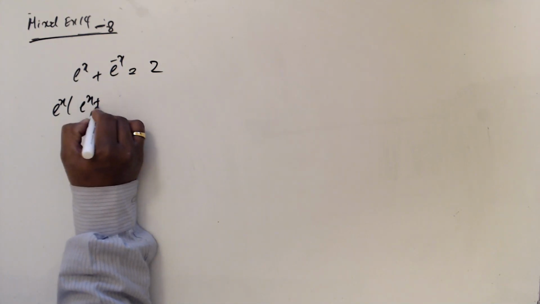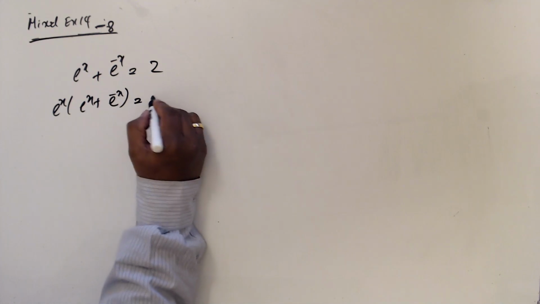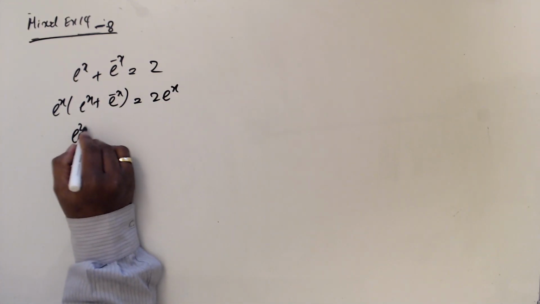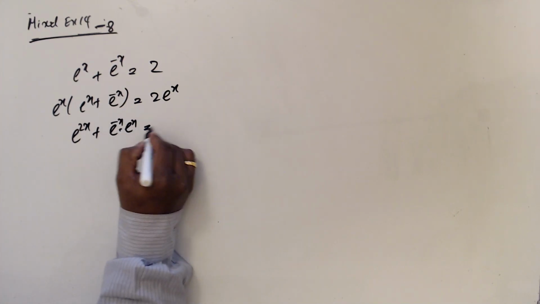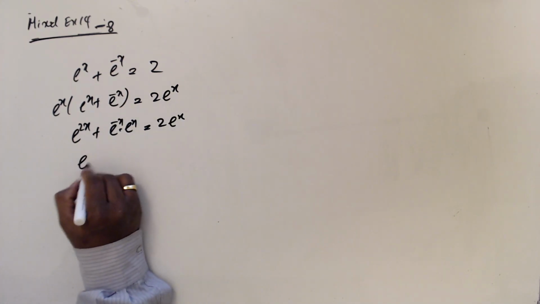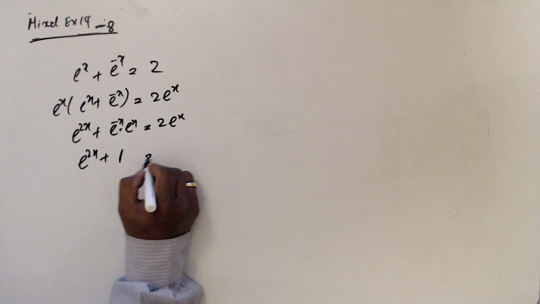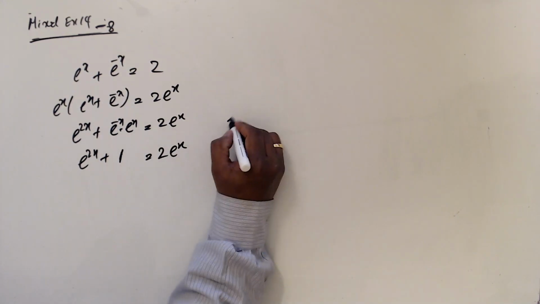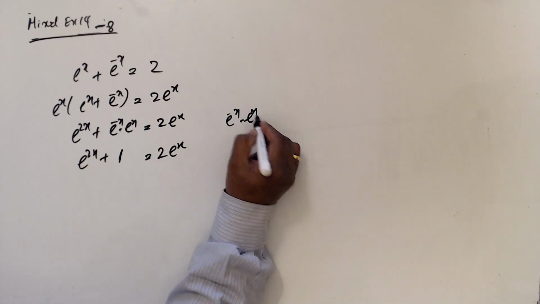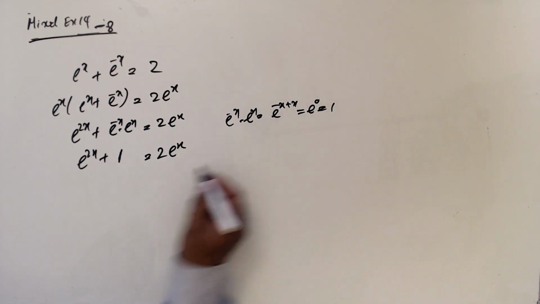The objective is making this one 0 to e^x. Then e^2x plus e^minus x times e^x equal to 2e^x. So e^2x plus 1, e^0, 1 equal to 2e^x. This is e^minus x times e^x, minus x plus x is e^0 equal 1.